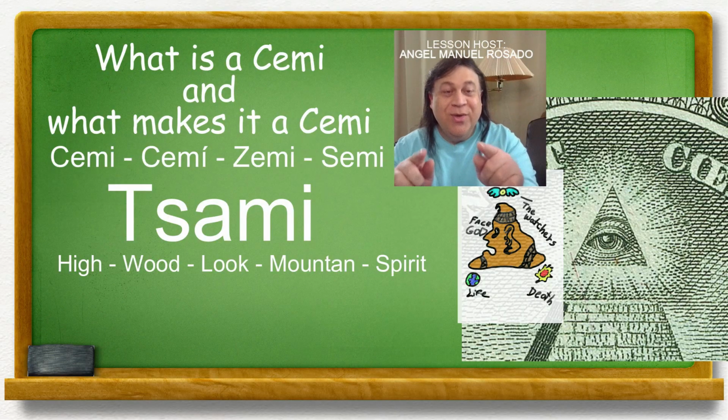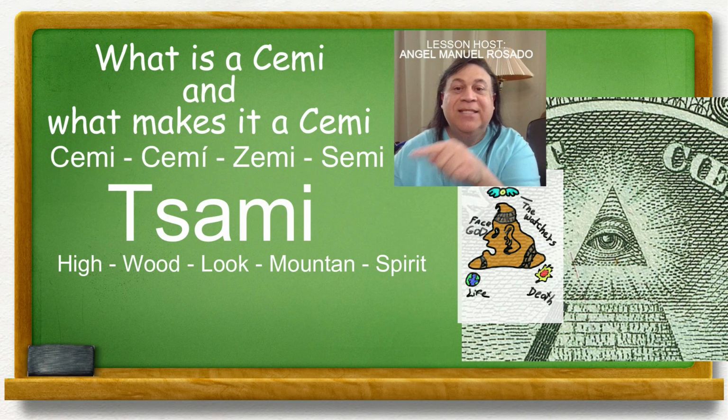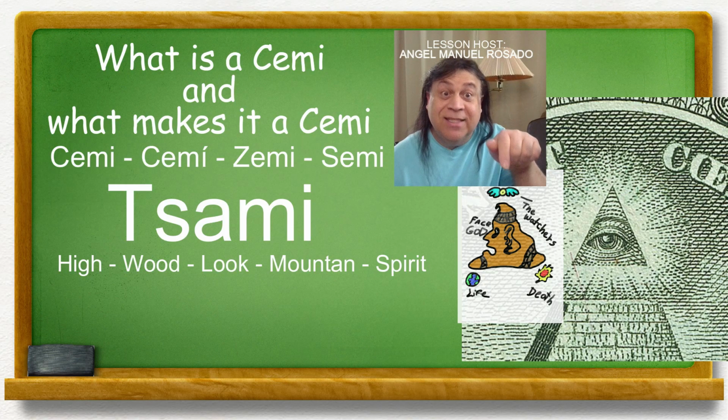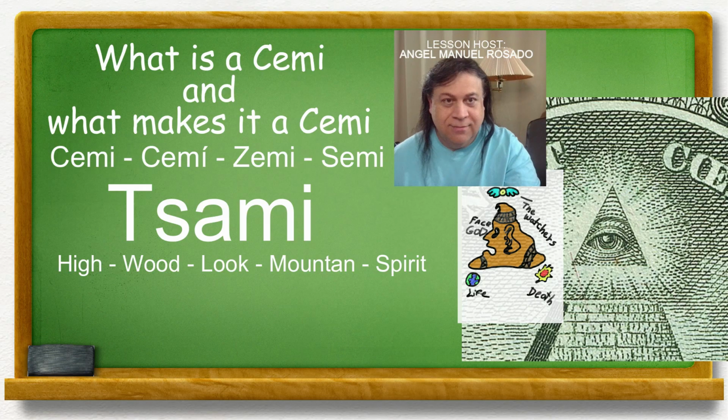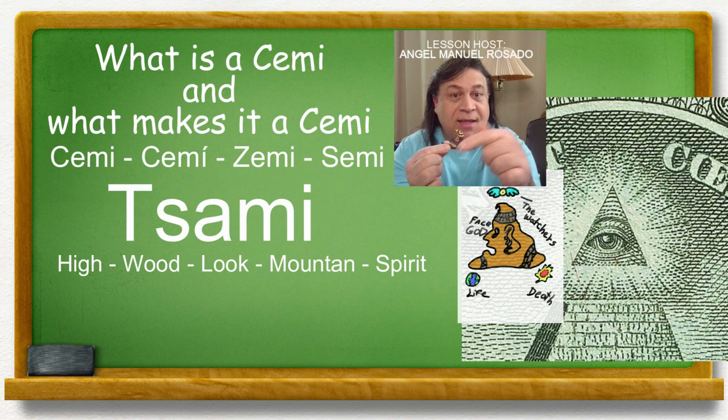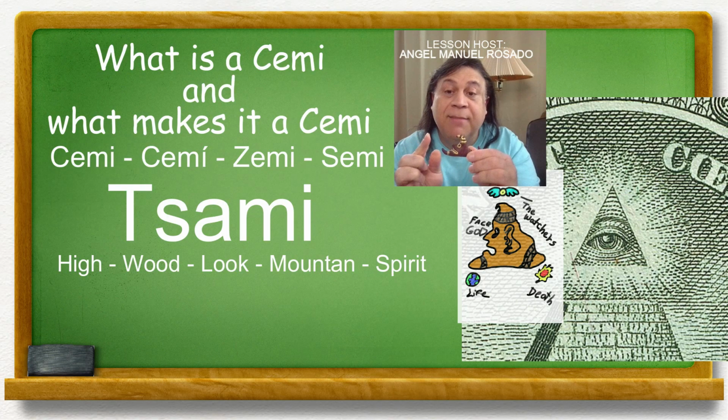So now you can see that Cemi has all of those elements of the semi. Looking at those words down at the bottom, it's inside of that word. A Cemi is high.